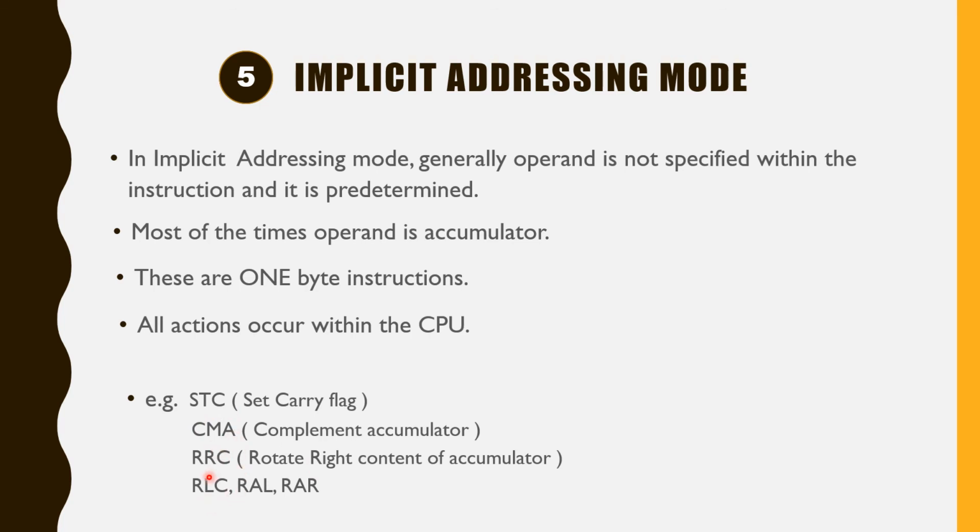Here CMA, RRC, RLC, RAL, RAR, in these instructions, the operation is done on the accumulator only. So all these instructions are executed on the accumulator only. Basically these are 1 byte instructions and all actions occur within the CPU only. So this is implicit addressing mode.